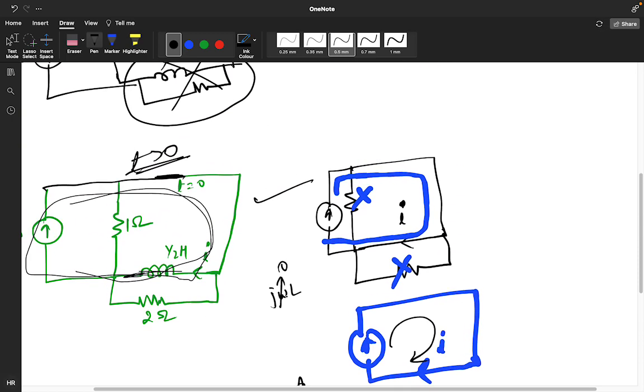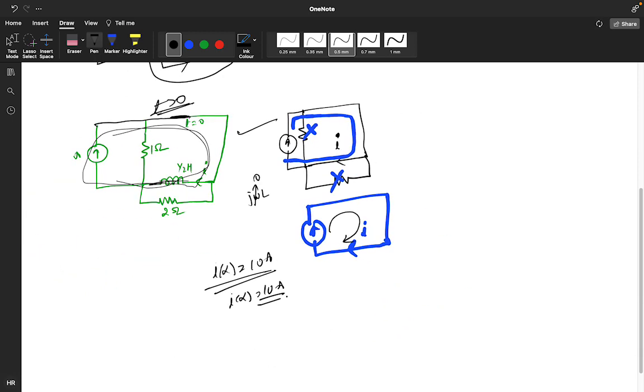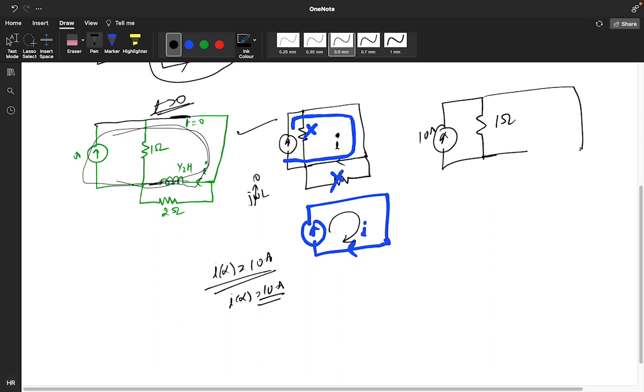What about R equivalent? For finding the value of R equivalent, this was 10 ampere, this particular is 1 ampere. You need to open your inductor like this, and you have to see from anywhere. This is your A, this is your B, and this is your 2 ohm.